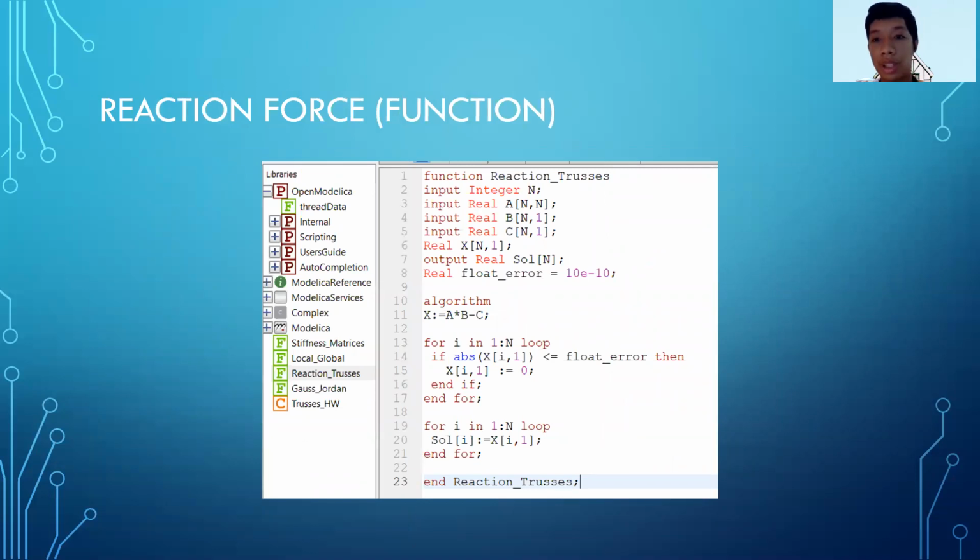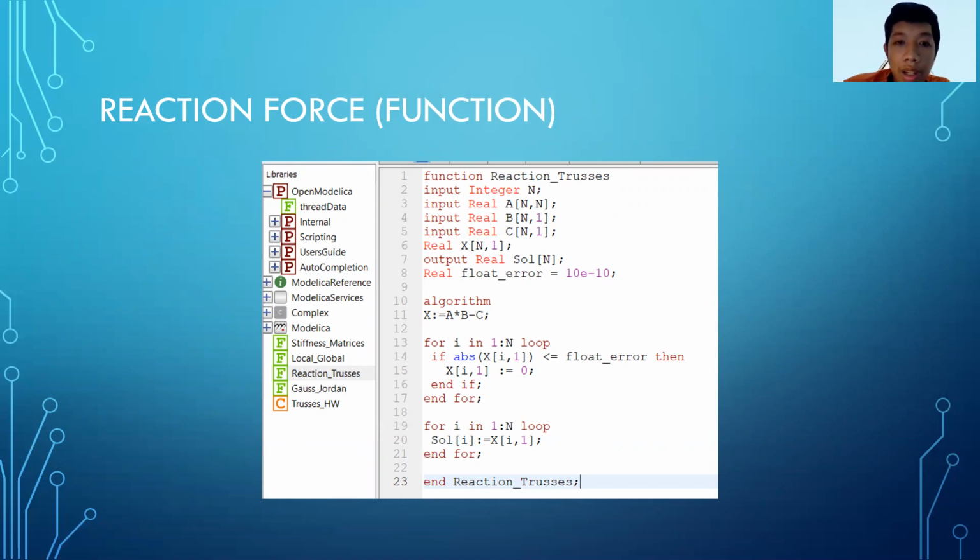This reaction force is to define the result of the reaction in trusses. We can input the integer n, input the real matrix A, input the real matrix B and C, and also X, and we can output the real solution and last define the real float error.